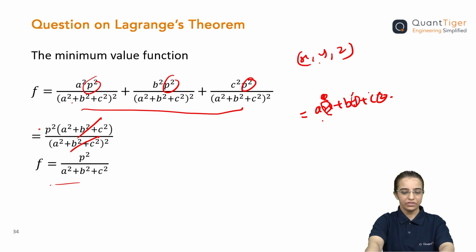So that is one additional step. Other than this, if you look at all the steps, it's the same thing we did in finding maxima and minima for two variable functions. So it's exactly the same, other than that additional step.